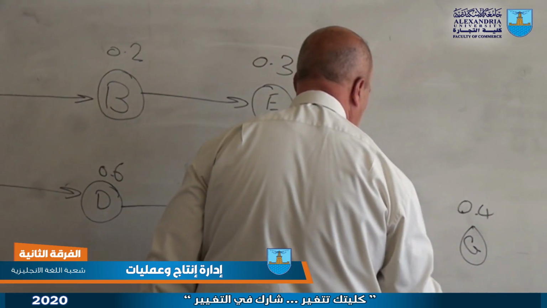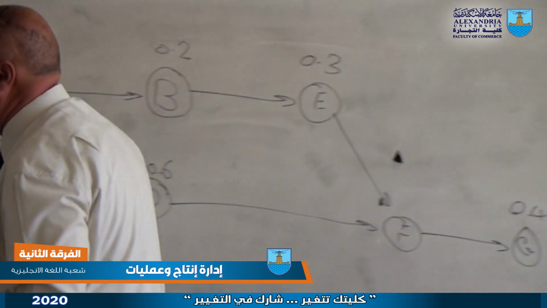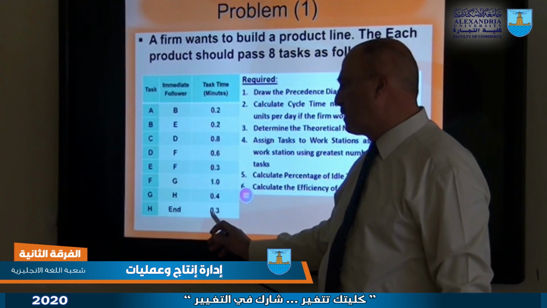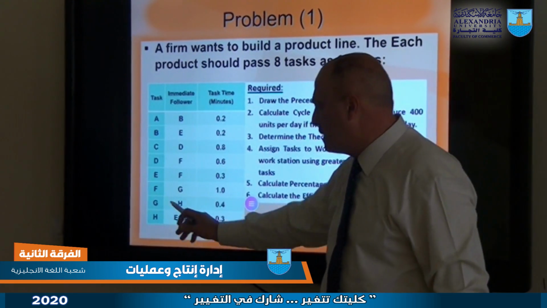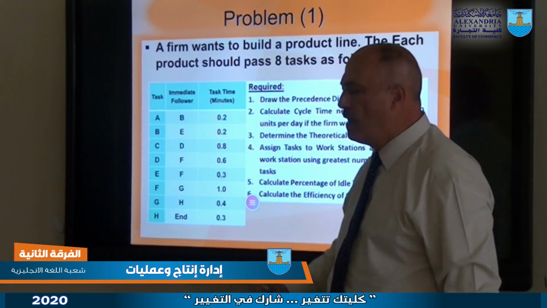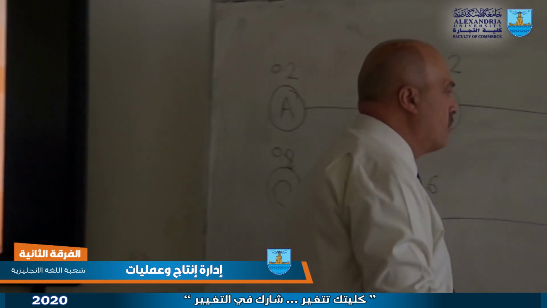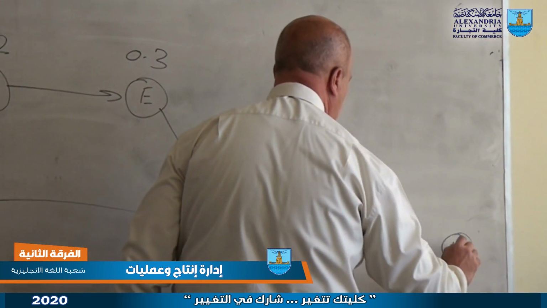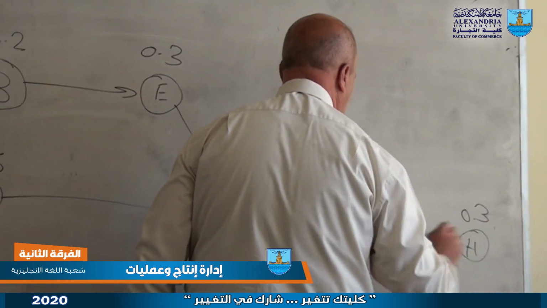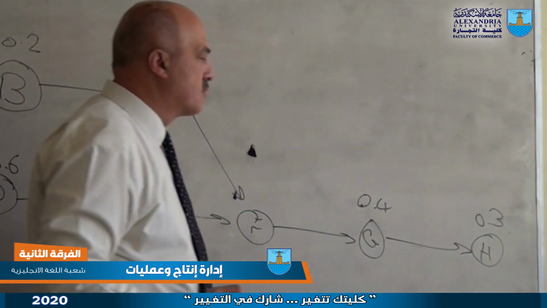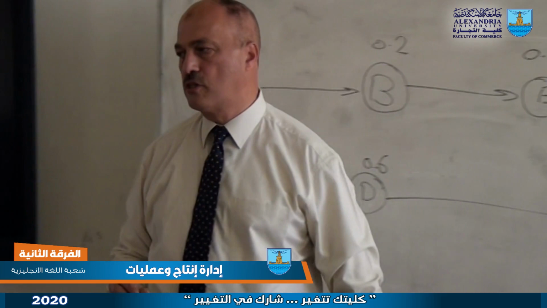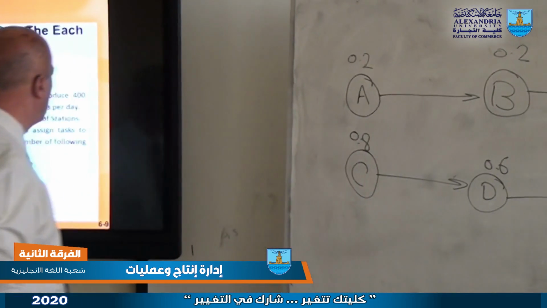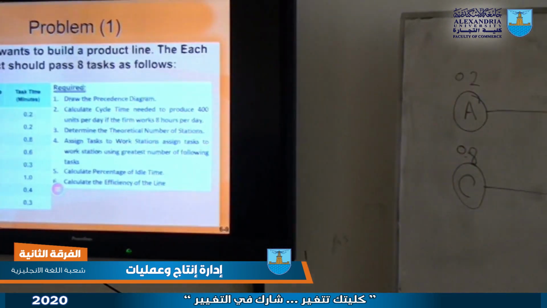H is the ending task, and it comes after G. It needs 0.3 minutes. The flow goes from G to H. This is how to draw the precedence diagram.